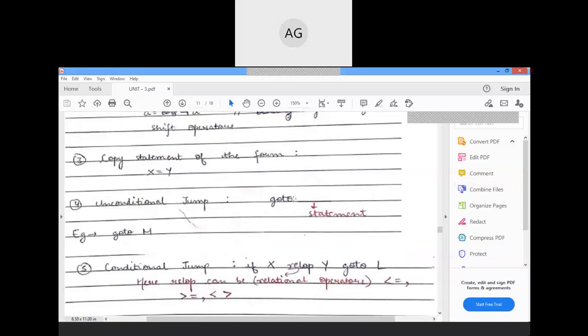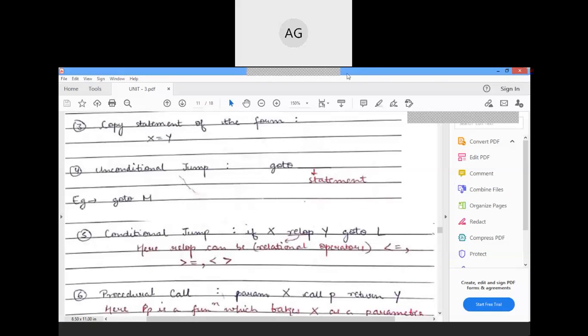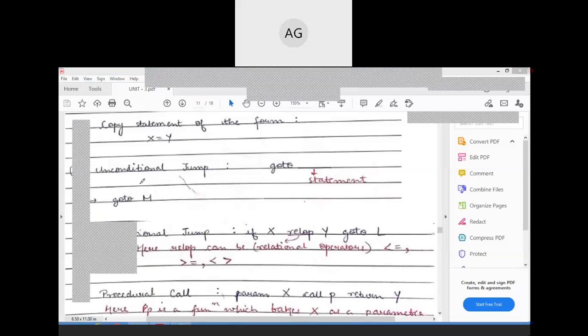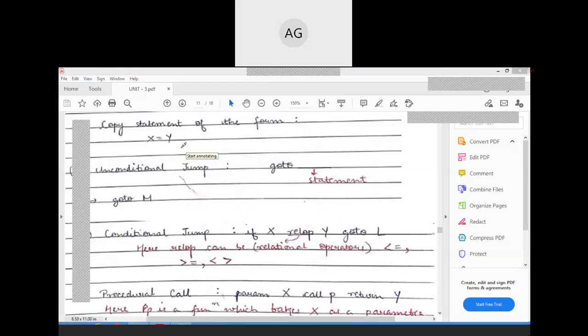Now moving to the next statement, the third type is the copy statement. The copy statement is of the form x equal to y. Then the fourth type is the unconditional jump.